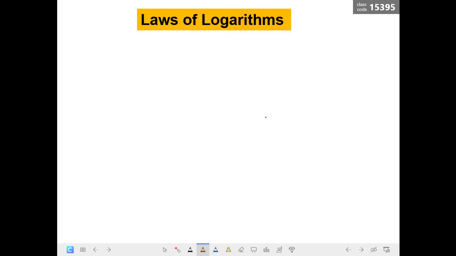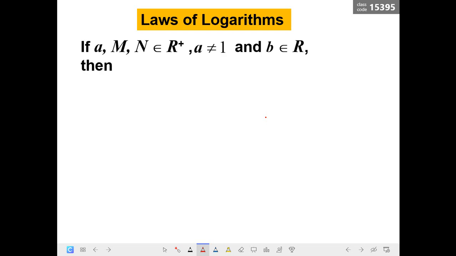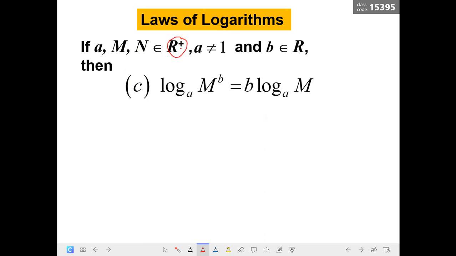The third one, laws of log: if a, m, n are members of positive real numbers, a is not equal to 1, and now we use b, b a member of real numbers. For the first and second law, we don't have b, right?